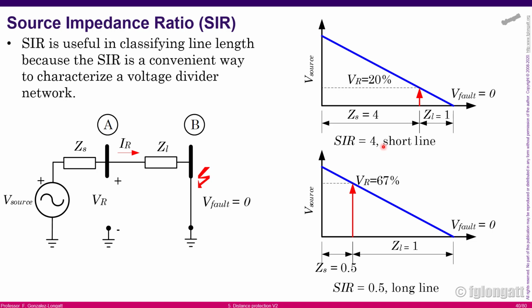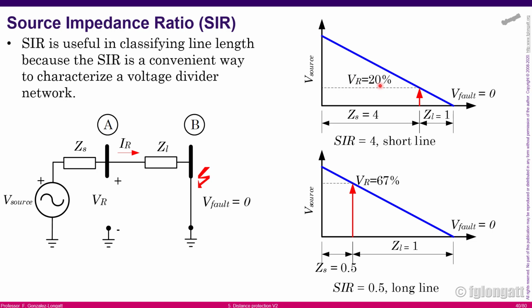As a consequence, if a fault happens on the transmission line, there is a big voltage drop across the source impedance. And for this case, a source impedance ratio of 4 will create a voltage across the terminals of this relay of 20% of the rated voltage.